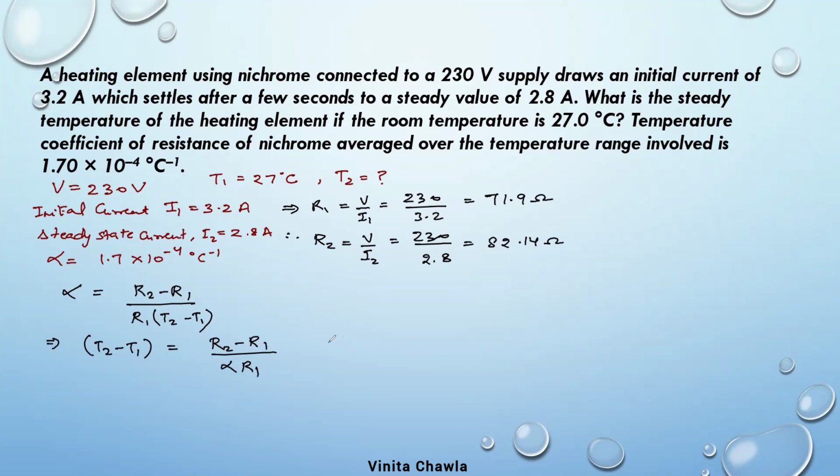Now put the values here. R2 is 82.14, R1 is 71.9, alpha is 1.7 into 10 raised to the power minus 4. Solve this.